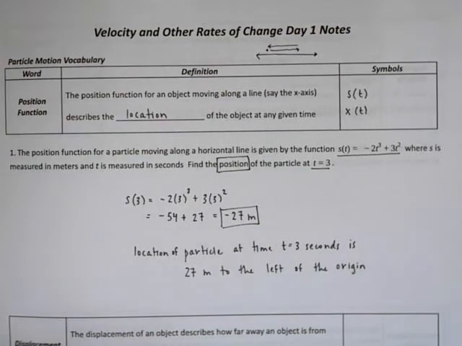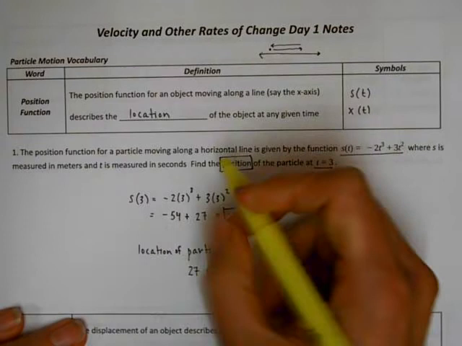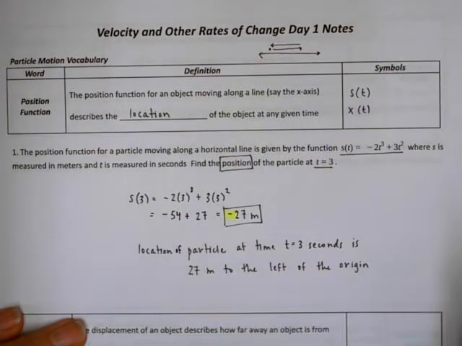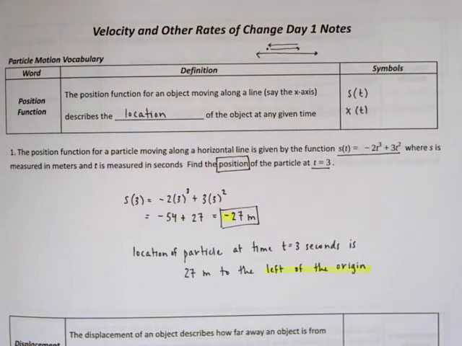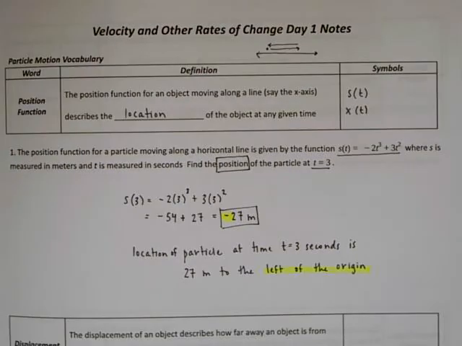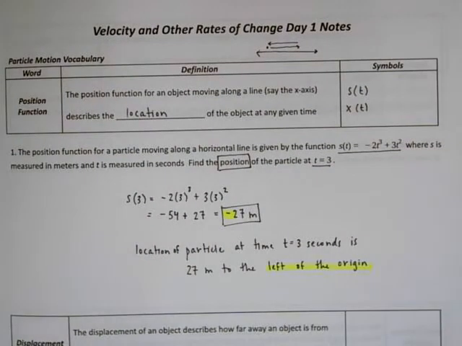So don't get freaked out by that negative. All that negative means here is that I'm to the left of the origin, and that'll come into play maybe in a couple days. We'll be referencing back to that. But the big idea here is if I want the position, I just use my position function.